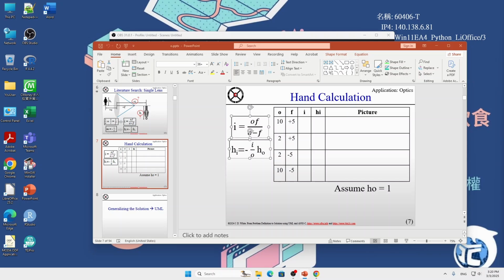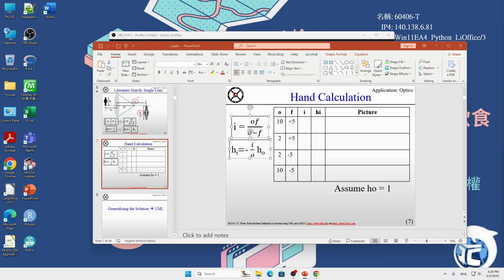I want to know the object height, and I need to know its distance from the lens, so O. I need that information about the object.